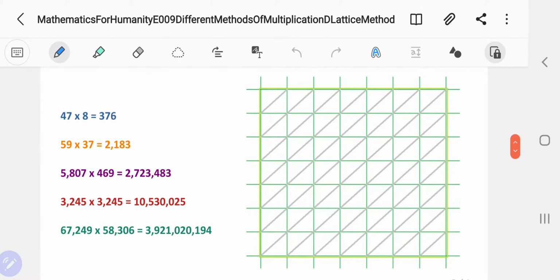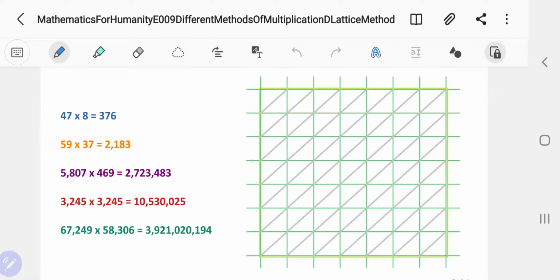So we start with 47 times 8. You just write 47 on the left side, and then the multiplier will be written on the bottom side of the square, or of the lattice.